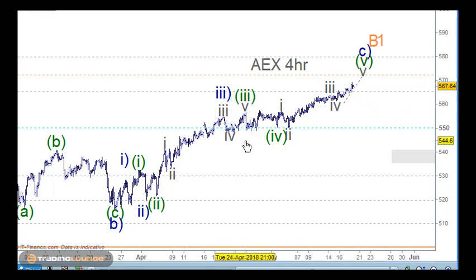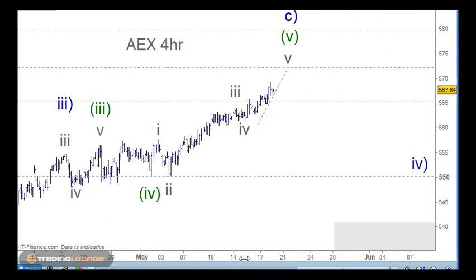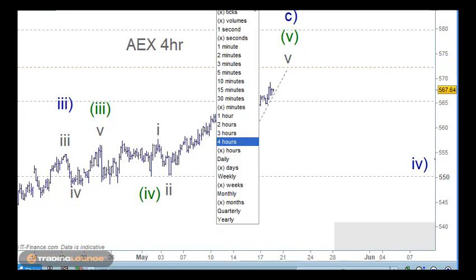So not that it makes a big difference at this particular stage. So looking at this now in terms of 1 and 2 here, and 3 and 4 into here, and 5 up into here further. So I'll just go to the hourly chart, but our target now is the 572.